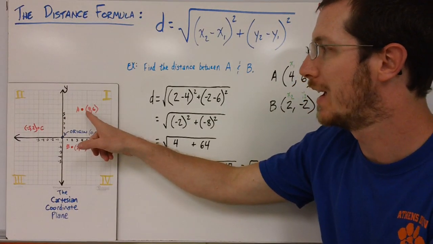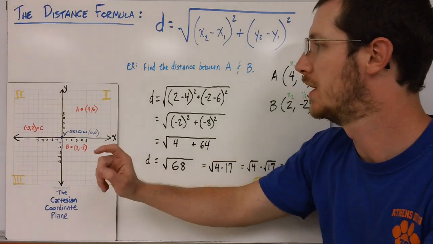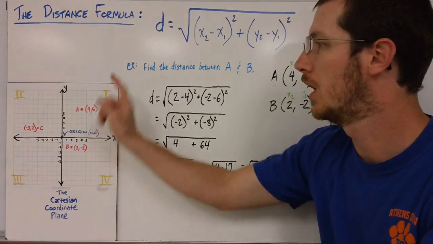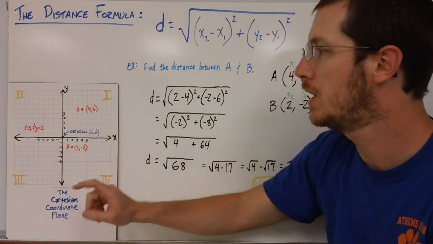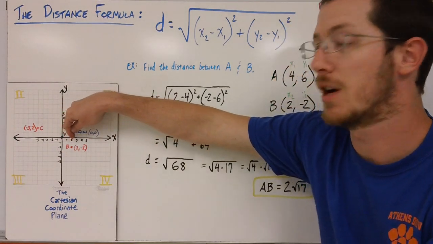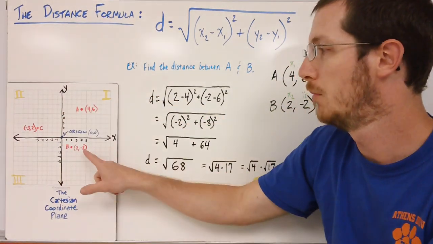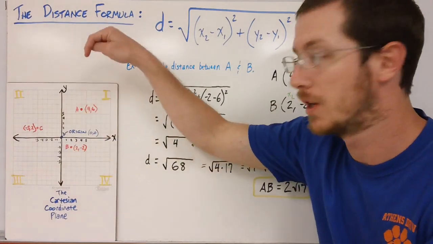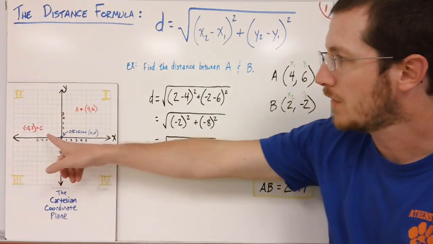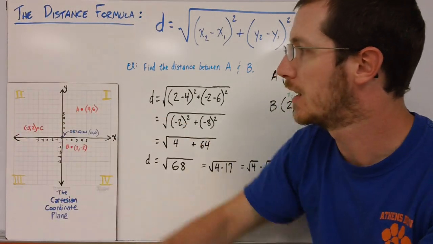Okay, so a positive x coordinate means we're going to the right. A positive y coordinate means we're going up. If we look at point B, which is at 2, negative 2, we go from the origin to the right 2, because it's positive, but now we've got a negative y coordinate, which means we go down 2. So right 2, down 2, we'll end up at B. And point C is in the second quadrant.